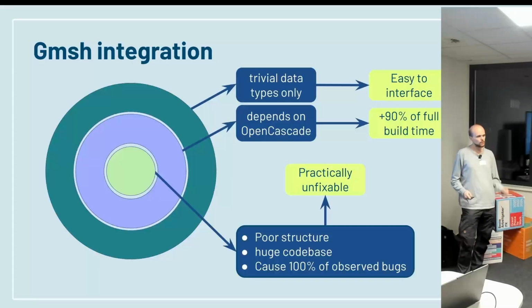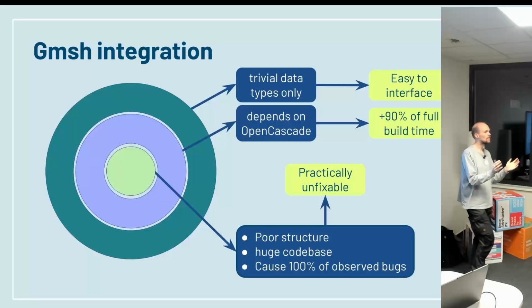So what we can learn here is, do not estimate from the outer boundary of a library how easy it is to integrate. GMesh, for example, does hellish things with state. What GMesh turned out to be, which it doesn't look like from the outside, is basically a command line program which you can drive by, instead of typing commands, using the commands as C methods through a C interface which has an FFI.